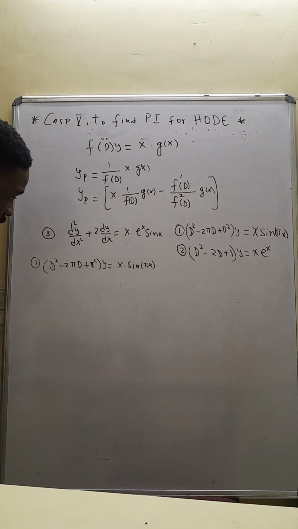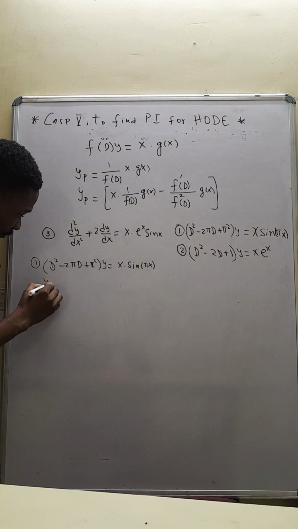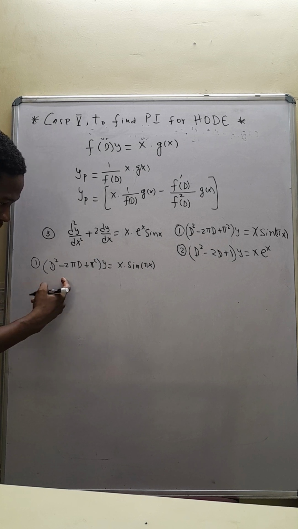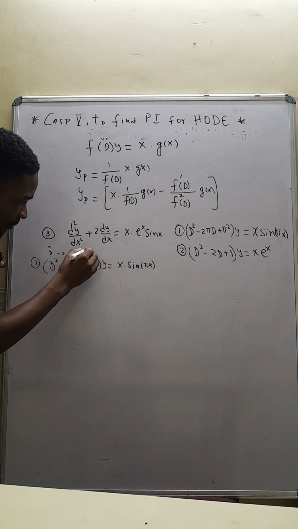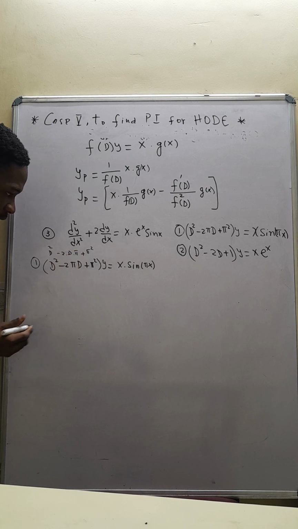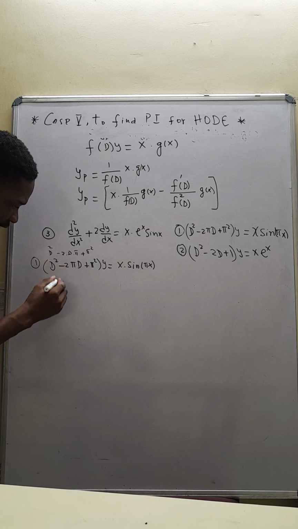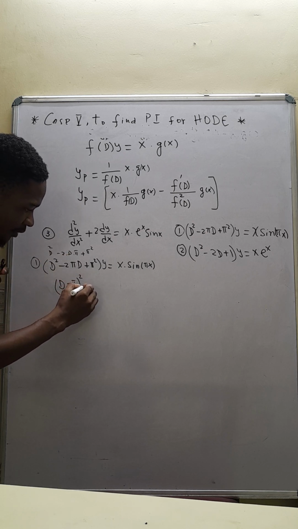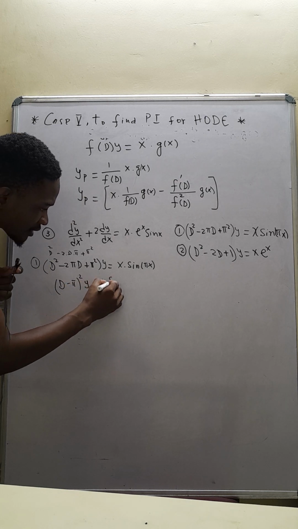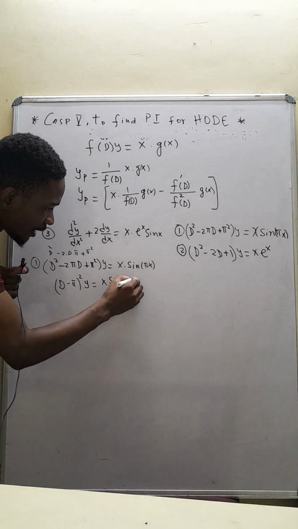To solve this equation, first you have to find your yc. If you look at this directly, you can understand that D squared minus 2 times D times pi, plus pi squared, is the square of the difference of D and pi. So this is D minus pi squared, y equal to x sin pi x.